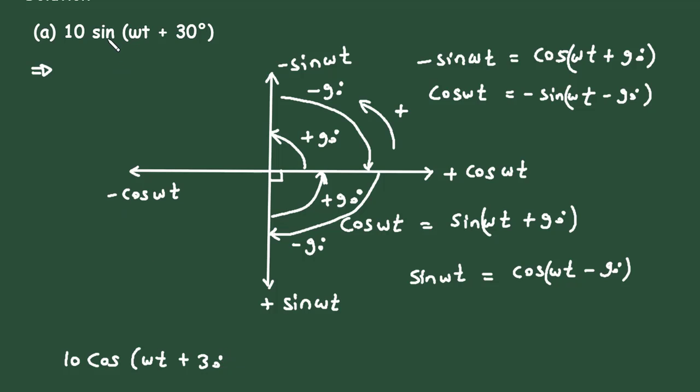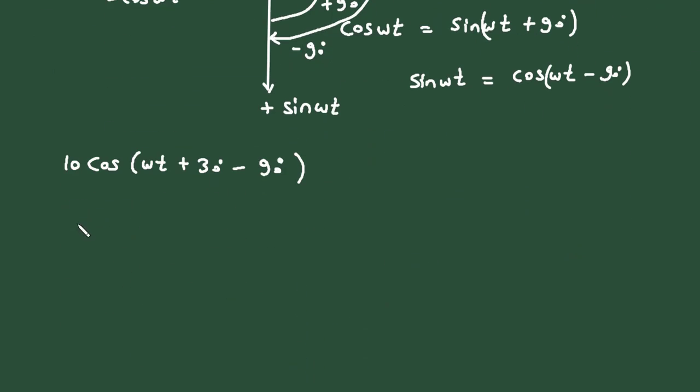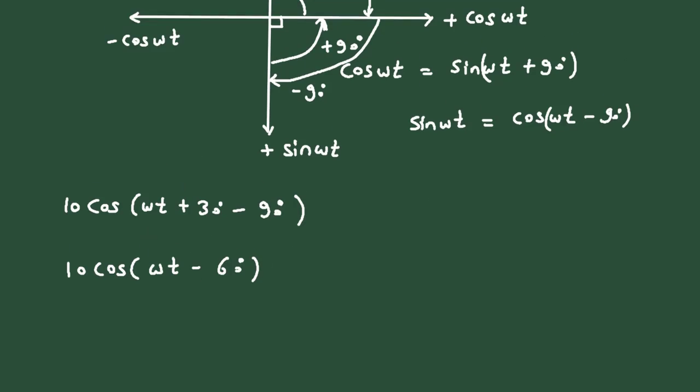Since we change this sin to cos, we have to subtract 90 degree. So minus 90 degree. This will become 10 cos omega t minus 60 degree. So this will be the final answer for this.